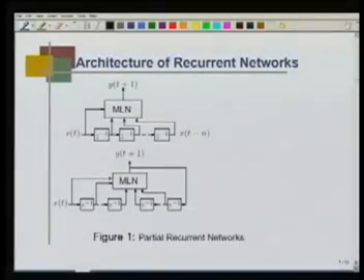Now, we will talk about the architecture of a recurrent network. These two architectures are partial recurrent networks.